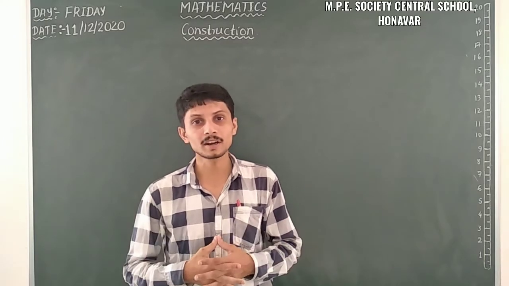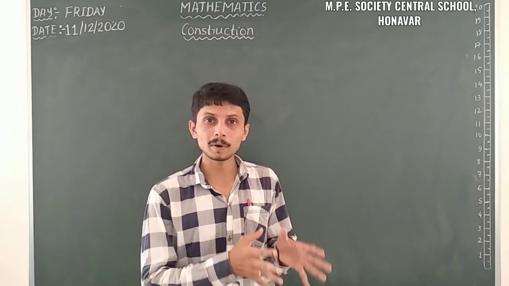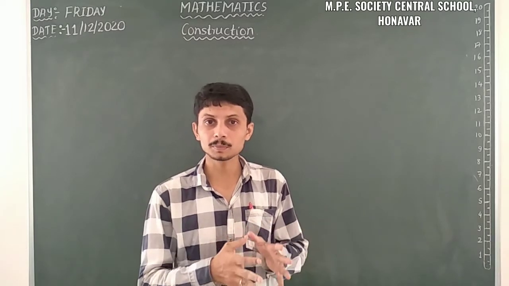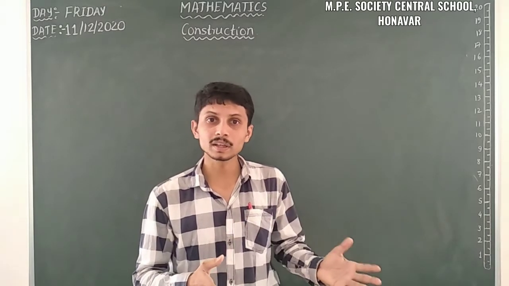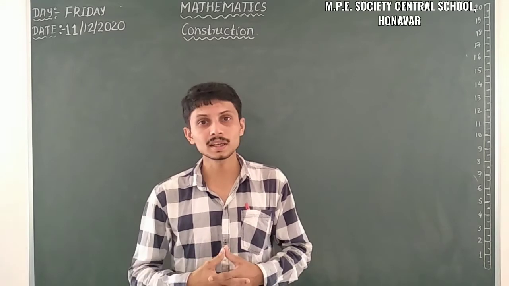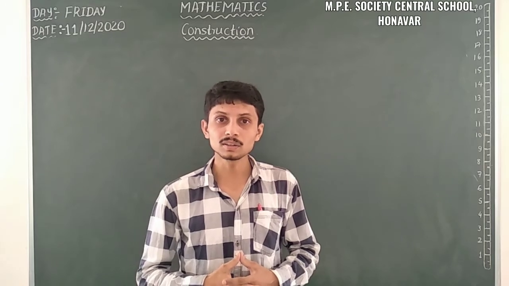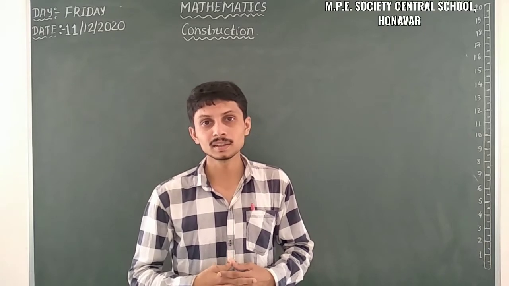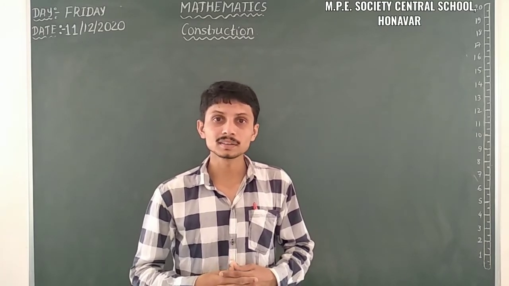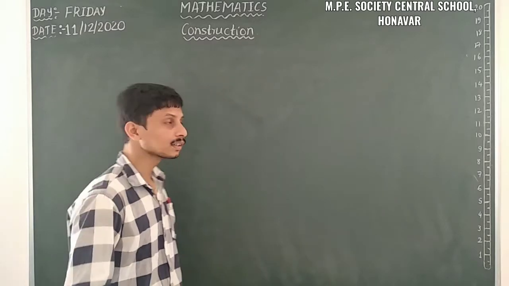Using all those things we have to construct a triangle. The procedure is the same as in the last construction, with some changes, so we have to discuss the construction of a triangle given its base, base angle and difference of the other two sides. So let us take construction 11.5.